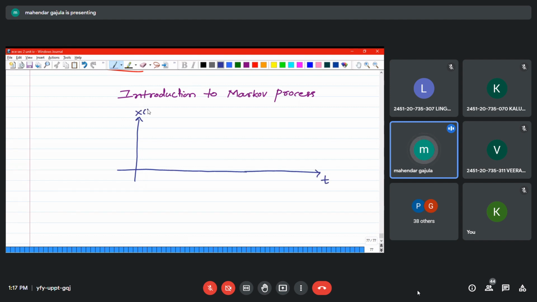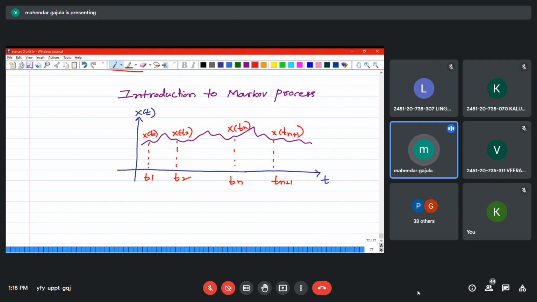For that I am going to plot X(t) versus t, where this is a random process. I would like to get some random variables X(t1), this is t2, X(t2), and tn, X(tn), and the next random variable is tn plus 1, X(tn plus 1).